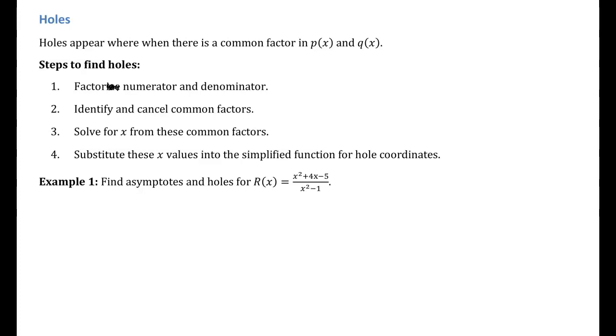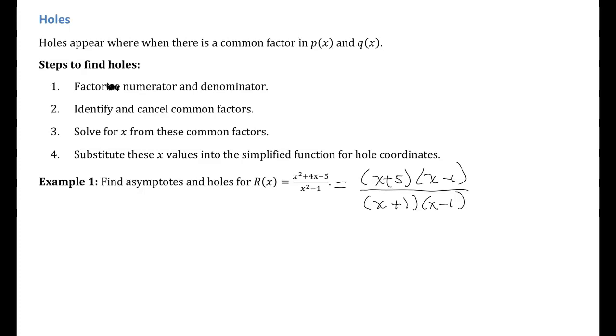So for this first example, the numerator is going to factor to x plus 5 times x minus 1, and the denominator is the difference of squares, so that'll factor to x plus 1 times x minus 1.